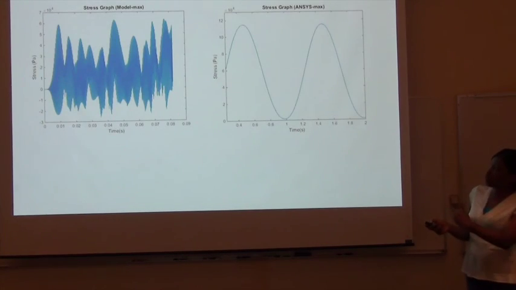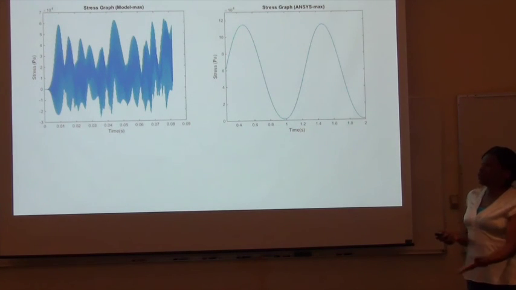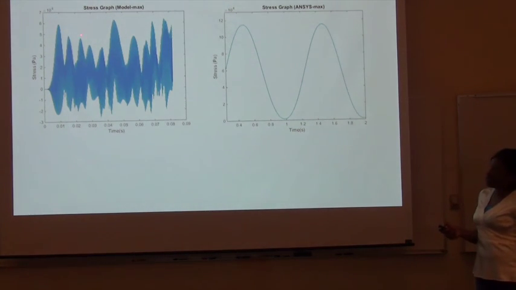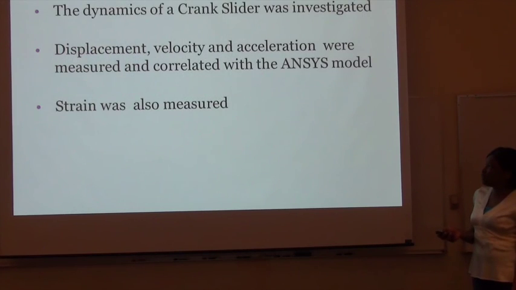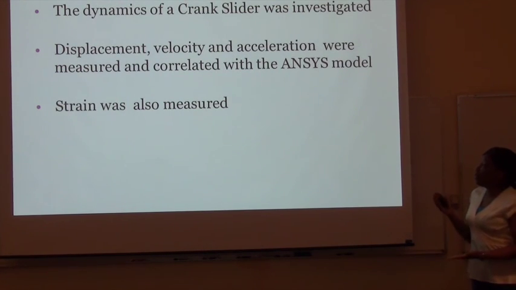And these two are also plotted, and similar to the strain graphs, we could not correlate them that well, but at least we have our numbers very close, unlike the strain graphs. And from this we concluded here. So it's not the end of the research, it's just that we have to give our presentation right now.